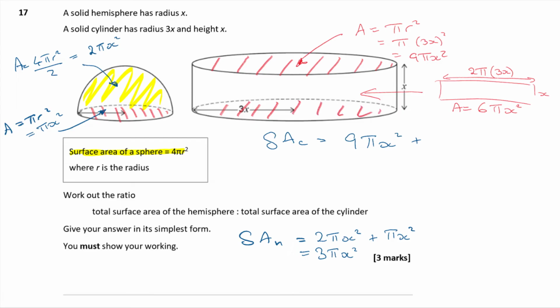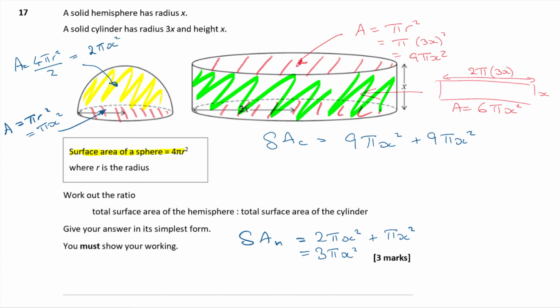So that's another 9 pi x squared. And then we've got the ribbon bit around the edge, which we worked out to be 6 pi x squared, didn't we? So I'm going to add on 6 pi x squared. Okay, so notice these are all to do with pi x squared. So adding all the pi x squareds together, 9, 9 and 6, 9, 18, 24, doesn't it? It comes to 24 pi x squared.